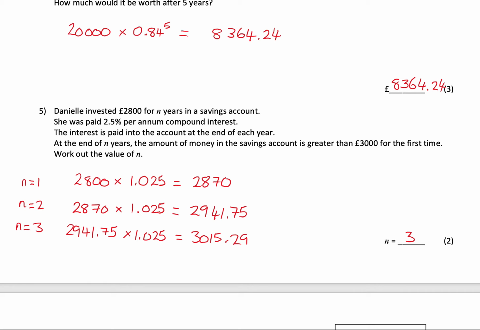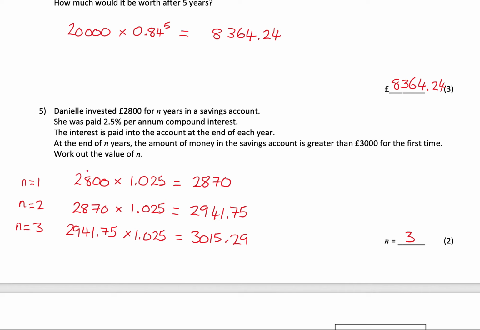A good way to tackle these questions, probably a better way than this actually, but it's hard to show you working, is to type into your calculator 2,800, press equals, and then times by 1.025 straight away, press equals again, and what it will now show on your calculator is ANS, answer, times 1.025.